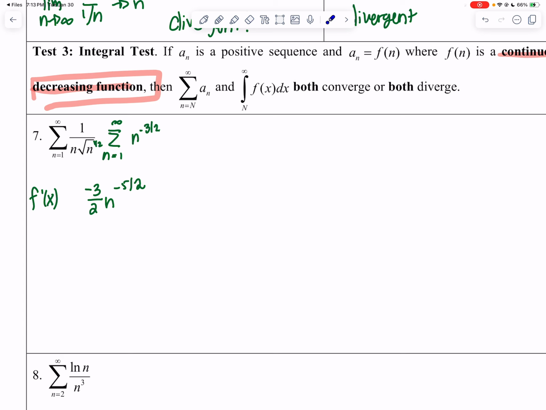So in this case, I have 0, and then it just goes on forever. And you could see that if that's the case, then this is going to be negative forever, which works in terms of my interval right here, going from 1 to infinity, which means that since this is negative, my derivative is negative. This means that my function is a decreasing function. So we know that this is checked off.